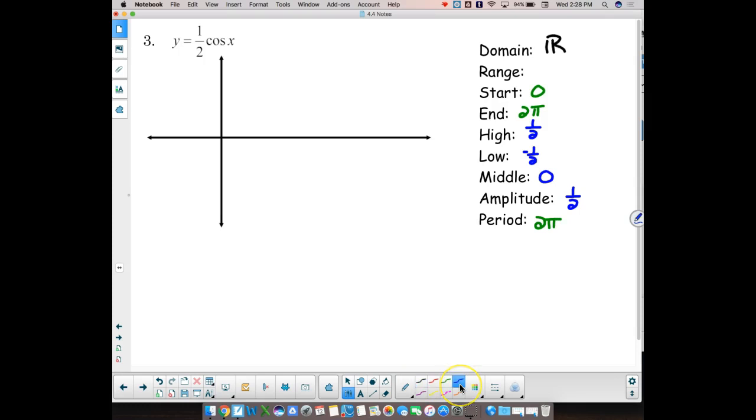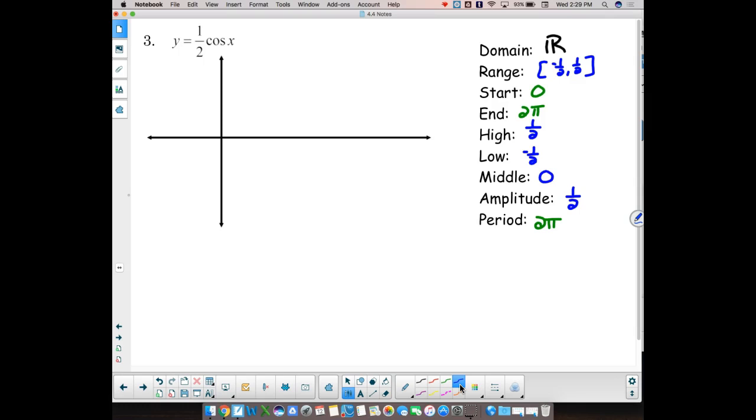All real numbers there, and those there. Okay? I know I went kind of fast on that, but do you all understand how I got all those numbers? Okay? For another 10 minutes or so, yes, the period will always be 2 pi. Okay?